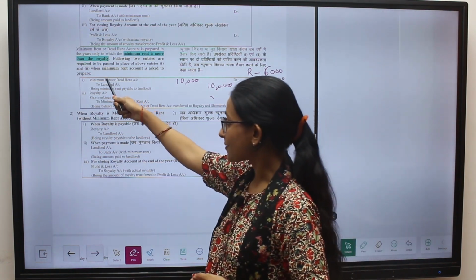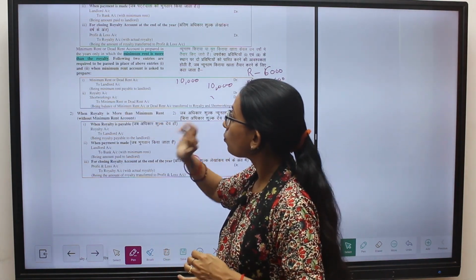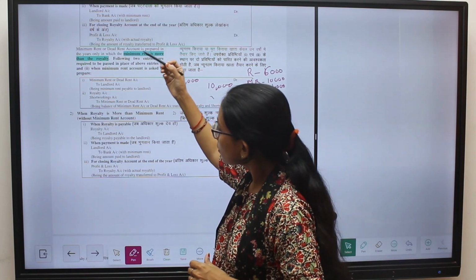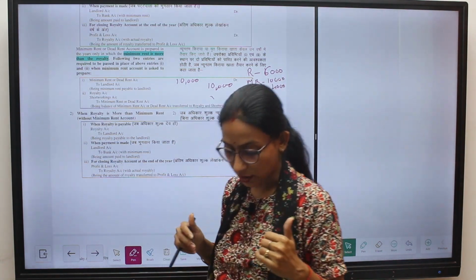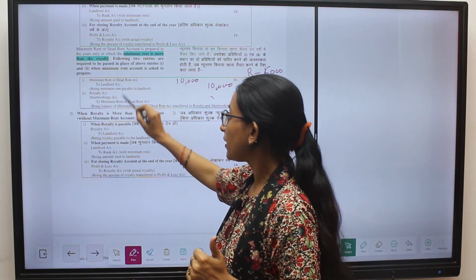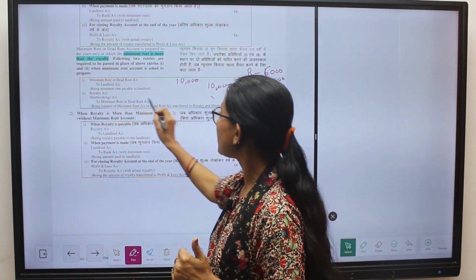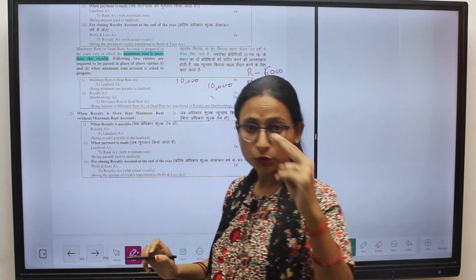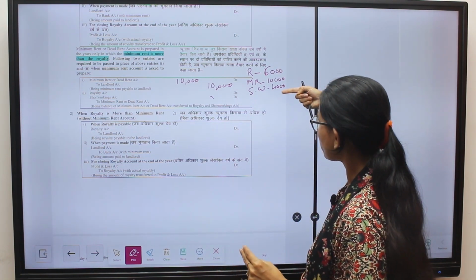Now after passing this rent payable entry of minimum rent account, we'll close this minimum rent account. While closing the minimum rent account, we have to transfer it to royalty and short working account, because the minimum rent account consists of two things: one is royalty, other is short working.